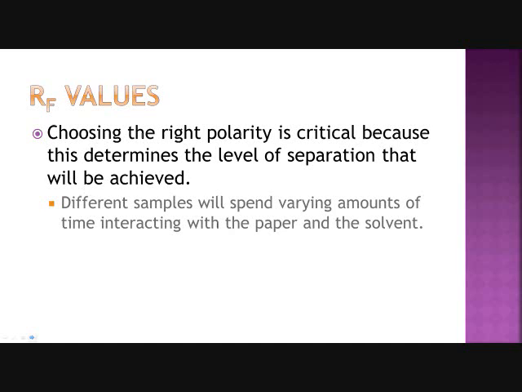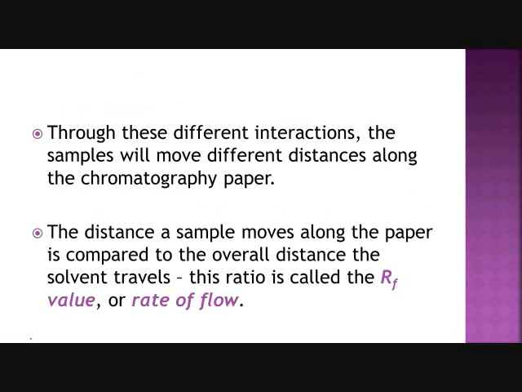Different samples will spend varying amounts of time interacting with the paper and the solvent. Through these different interactions, the samples will move different distances along the chromatography paper. So what we measure with chromatography is the RF value, also known as rate of flow. The rate of flow will tell us how attractive the solvent and the sample are.